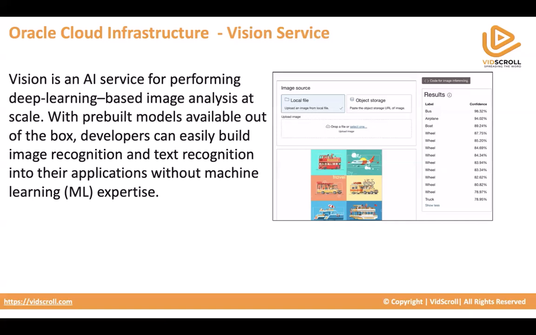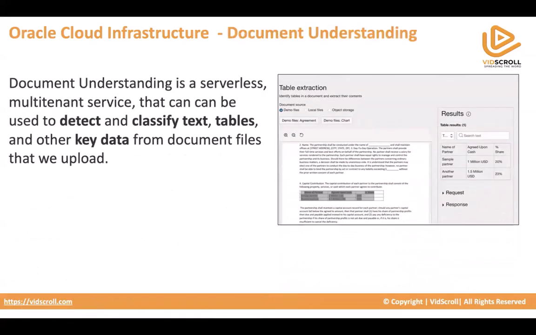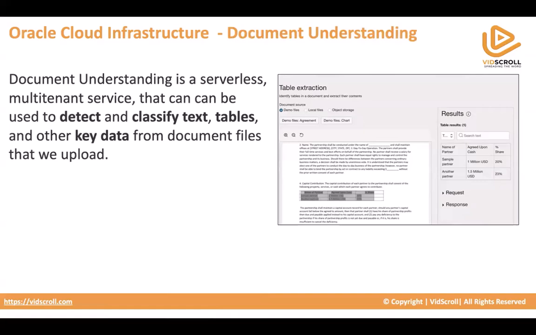It has various capabilities. The last service is document understanding. Document understanding service is a serverless multi-tenant service that can be used to detect and classify text, tables, and other key data from document files that we upload. It can be used for various use cases like OCR.